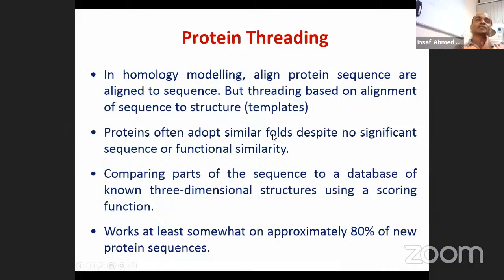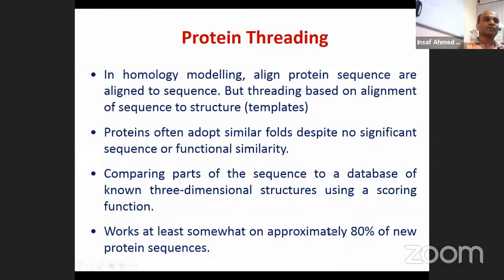Protein structure is made by folds, so you take those folds, the building blocks, and then determine the structure. That's called threading. It compares parts of the sequence to a database of known protein structures using a scoring function. This works for approximately 80% of new proteins, not all proteins.